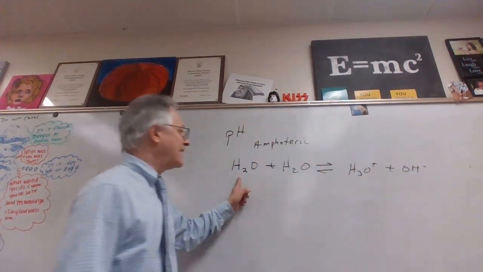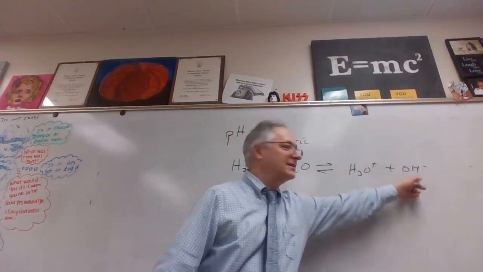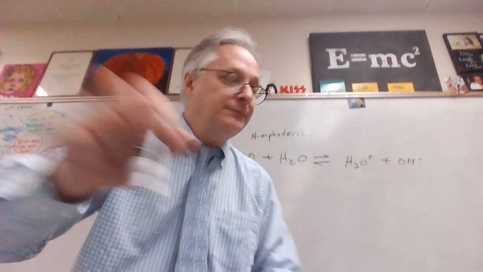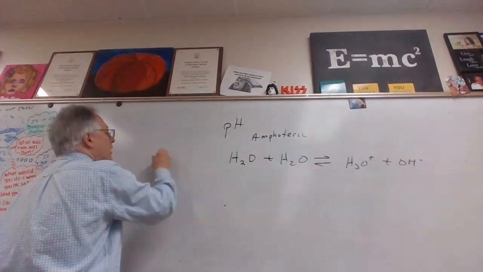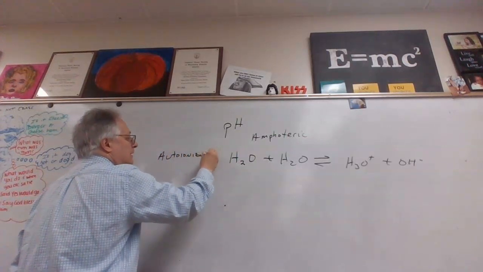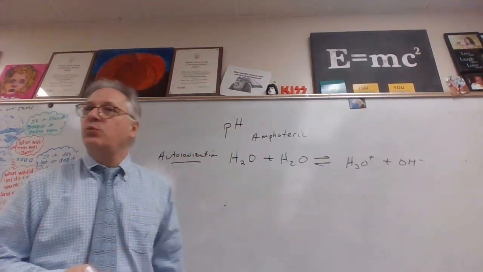And we could say, that's the acid, that's the base, that's the conjugate acid, that's the conjugate base. No biggie. We have done that a lot. And again, this process is called auto-ionization. The auto-ionization of, in this case, water.